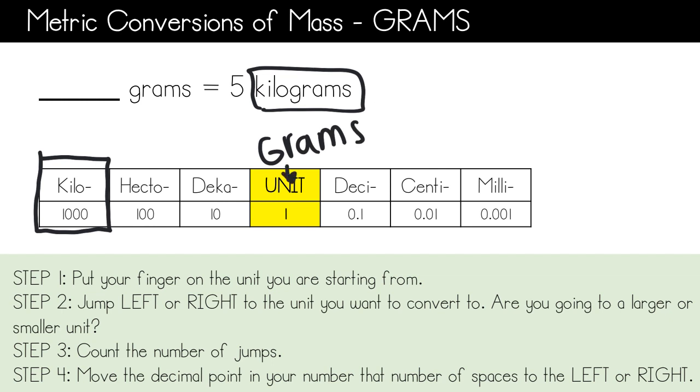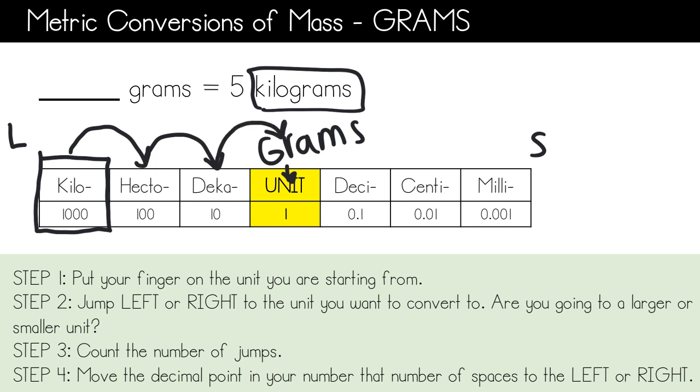We need to figure out if we are jumping left or right. So are we going from small to large or large to small? Remember, kilograms are larger and milligrams are smaller. So we're going from large to small. Let's see how many place values we're jumping. 1, 2, 3.